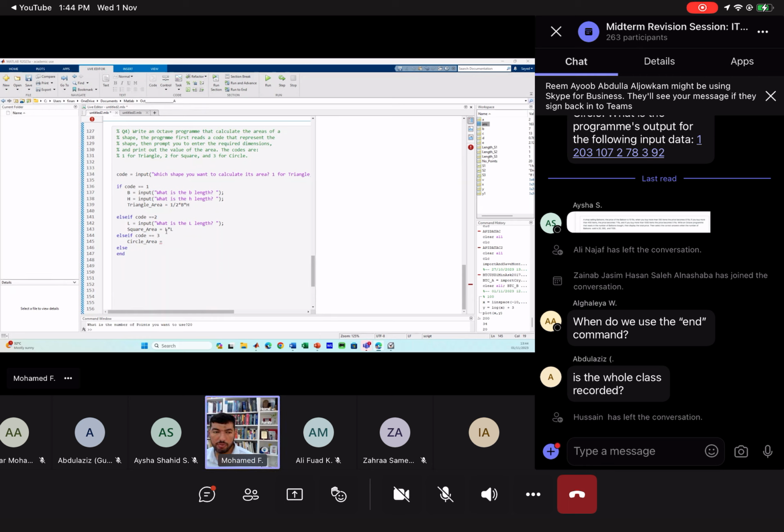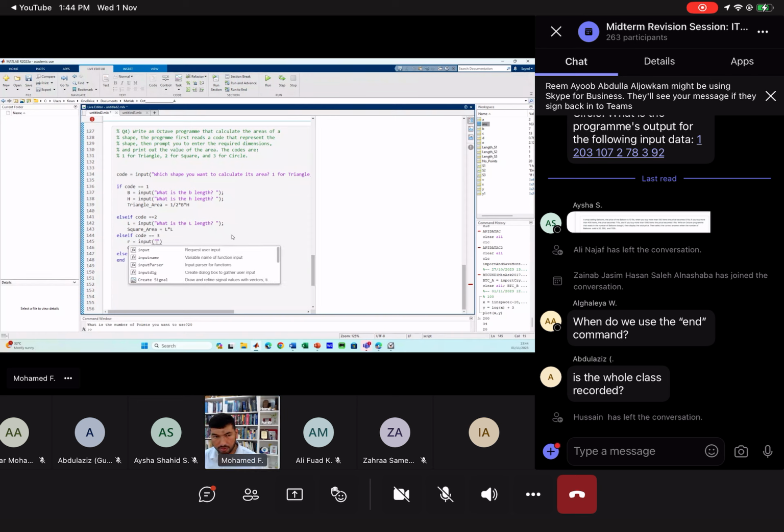So now what we need here is only r. So r equals, and you ask for an input. What is r? And you are going to take pi multiplied by r multiplied by r. Now you can make it to the power of 2, but making it that.